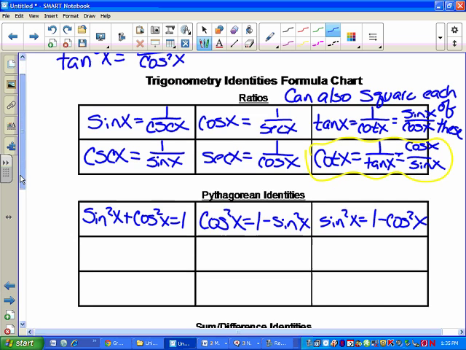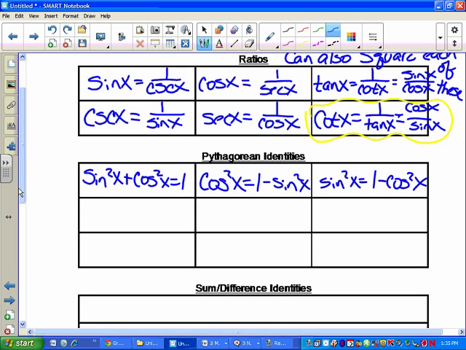Let's write that down. I'm going to write it here. 1 plus cotangent squared x equals cosecant squared x. Okay? With that in mind, let's think this through. Wouldn't cosecant squared x minus cotangent squared x equal 1? Think about that. Just move the cotangent over with the cosecant.